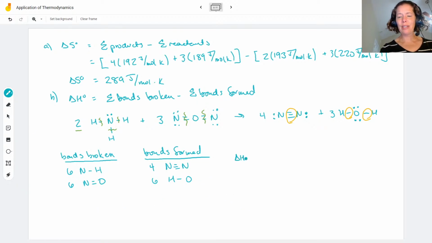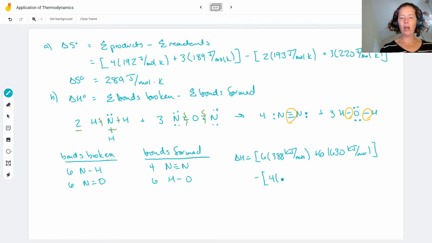Okay, so our delta H is going to equal 6 times nitrogen hydrogen, this is kilojoules per mole, plus 6 times our nitrogen double bonded to oxygen. Okay, so that's our bonds broken minus our bonds formed.